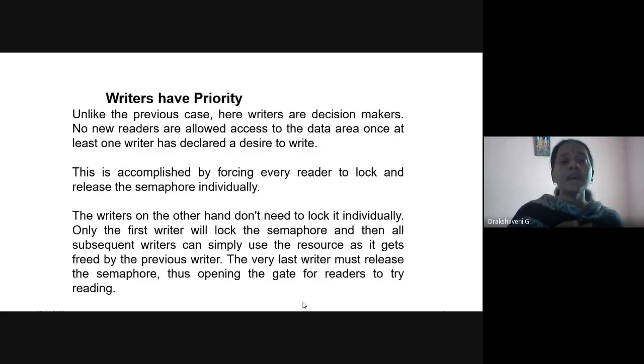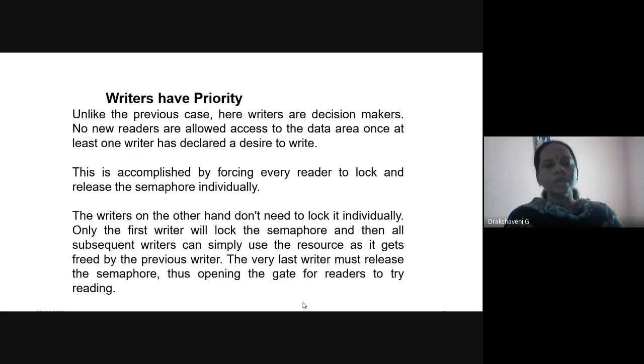In the same way, writers have priorities. When we are writing, even there we have priorities. Unlike the previous case, here writers are the decision makers. No new reader is allowed to access the data area once at least one writer has declared the desire to write. This is accomplished by forcing every reader to lock and release the semaphore individually.